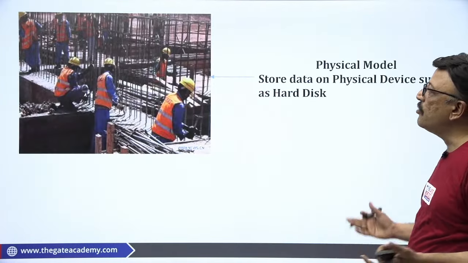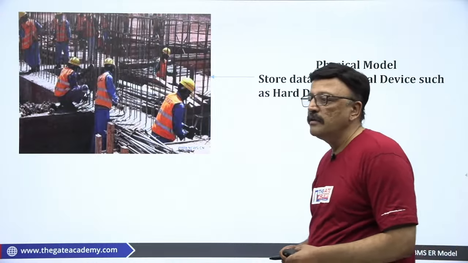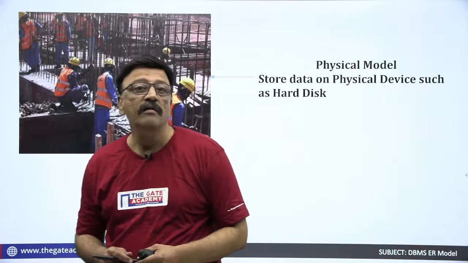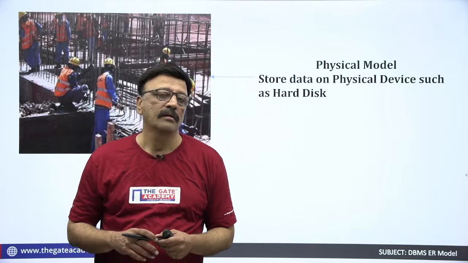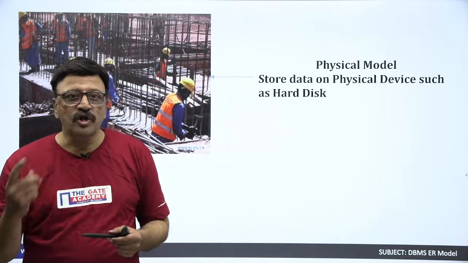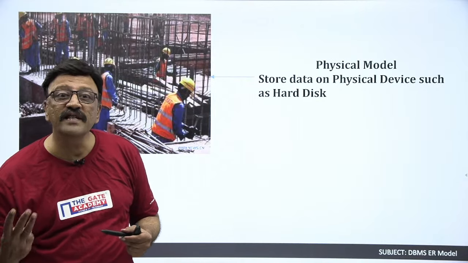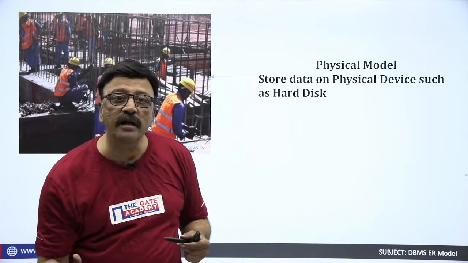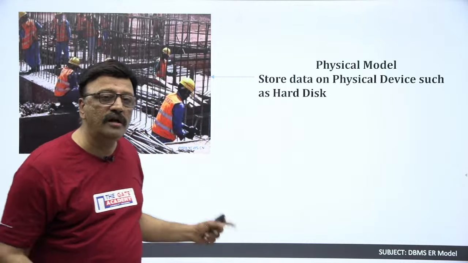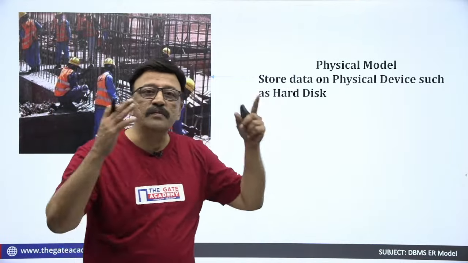But by the way, now finally, the third model comes into the picture, the physical model. First was the ER model, second was the relational model, and third is the physical model. The physical model is where the architect actually orders cement, bricks, steel and starts building.